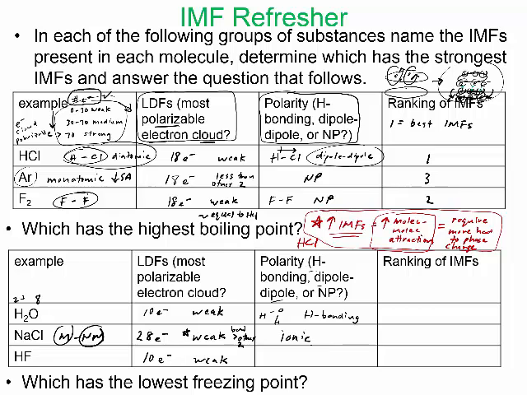And things that are ionic have melting points and boiling points in the thousands of degrees, because they're ionic, which is the best type of IMF possible.